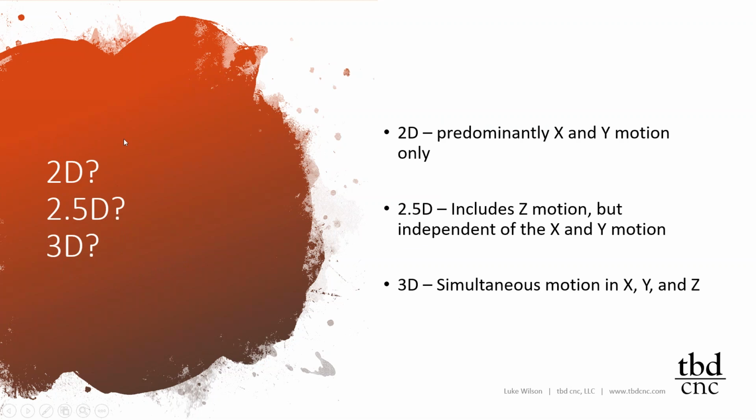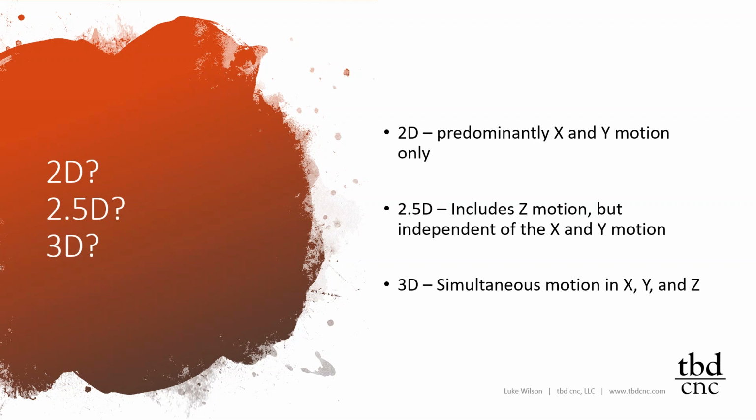A couple things you're going to hear a lot about when you research software is how many Ds. 2.5D is essentially X and Y. If you're familiar with industrial equipment like a laser cutter or a plasma cutter, the torch is either on or off, and the X and Y position essentially determines the cut. 2.5D is more like what most stuff in Easel is, especially if you're not using Easel Pro.